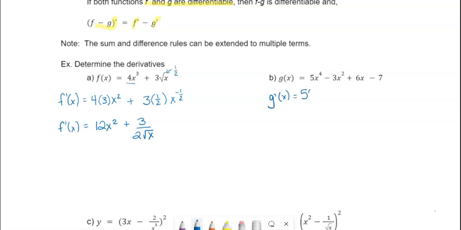Keep my coefficient, my constant, bring down my exponent, reduce my exponent by 1. Keep my coefficient, bring down my exponent, reduce my exponent by 1. Keep my coefficient, bring down my exponent, reduce my exponent by 1, and this term becomes just 0.